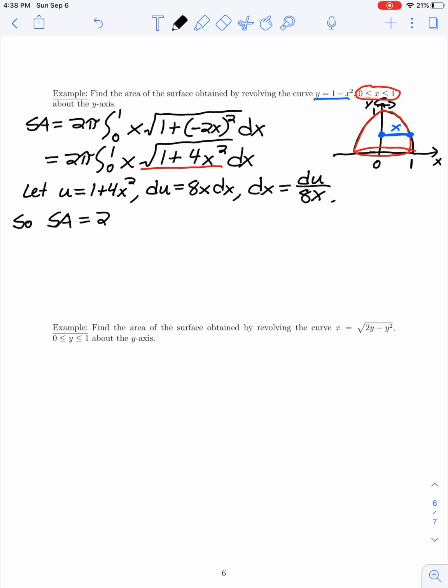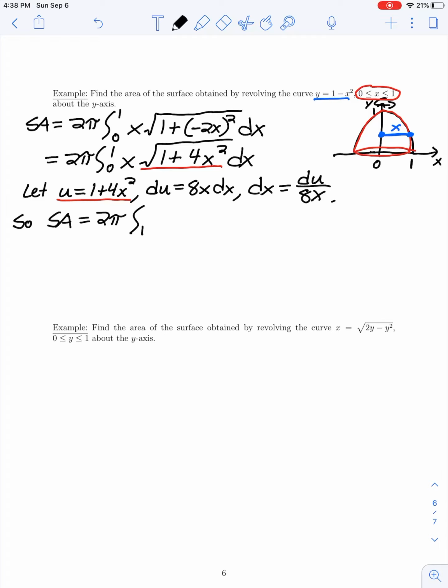So out in front, I had a constant 2 pi. And since this was a definite integral, I've got to change my x values to u values. So in the original integral, my lower limit of integration was x equals 0. If I substitute that into my expression for u, 1 plus 4x squared, if x is 0, that would give me 1.